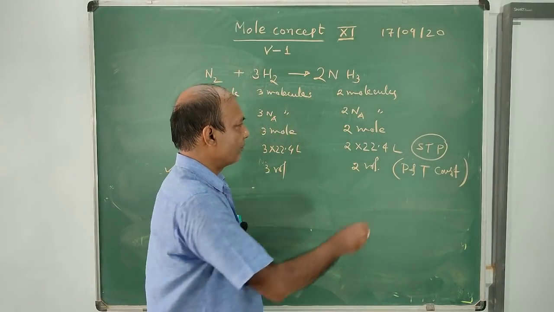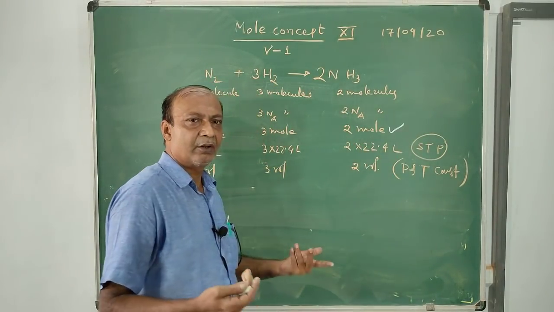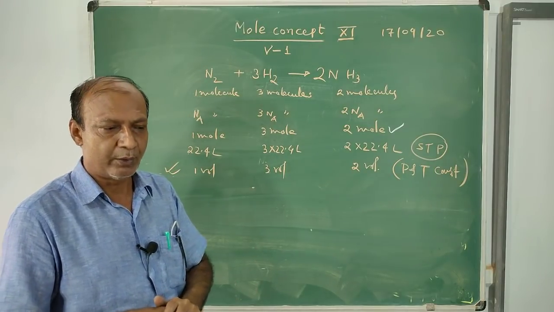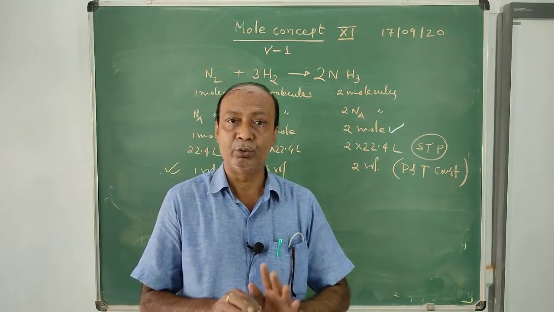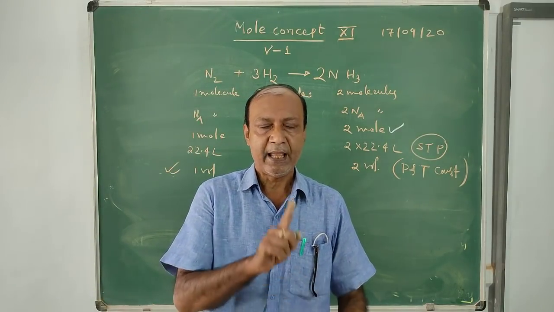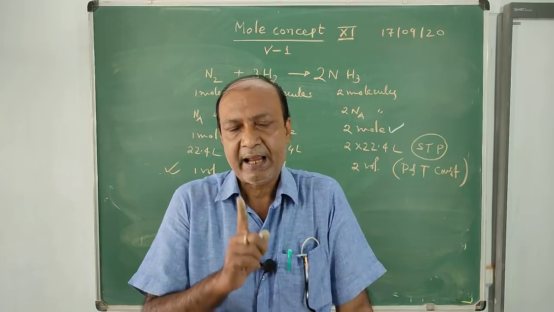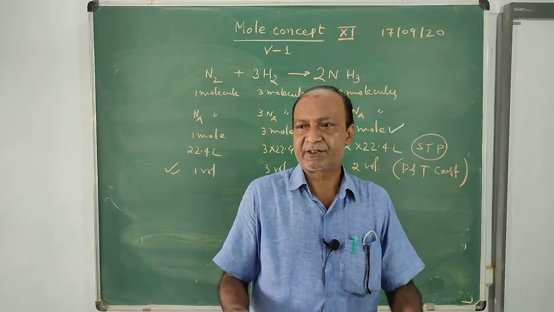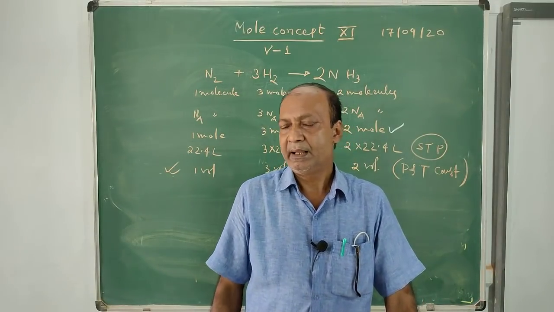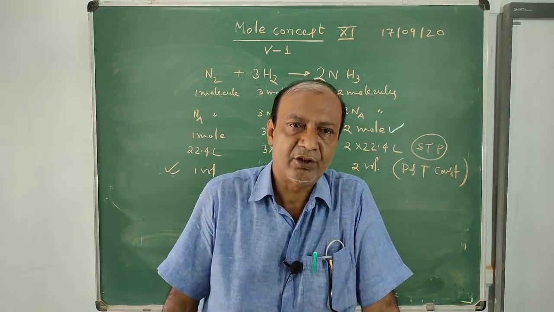And this mole ratio is applicable to any chemical reaction. But the volume ratio will not be applicable to any chemical reaction. It would be applicable for gases and vapors. Suppose in a chemical reaction there are 2 gases involved and the rest are solids or liquids.